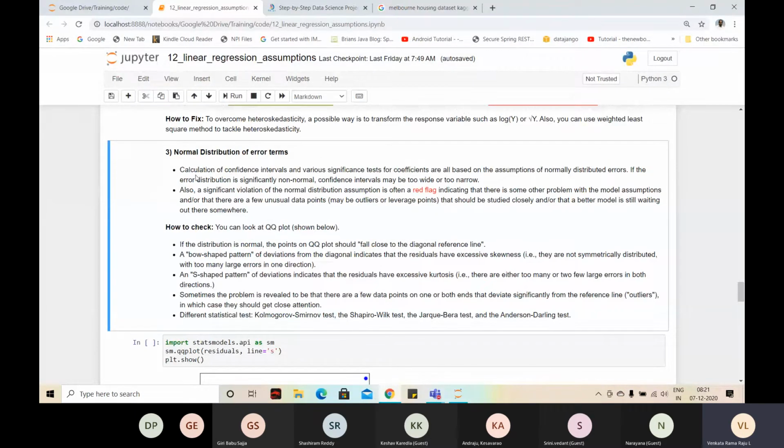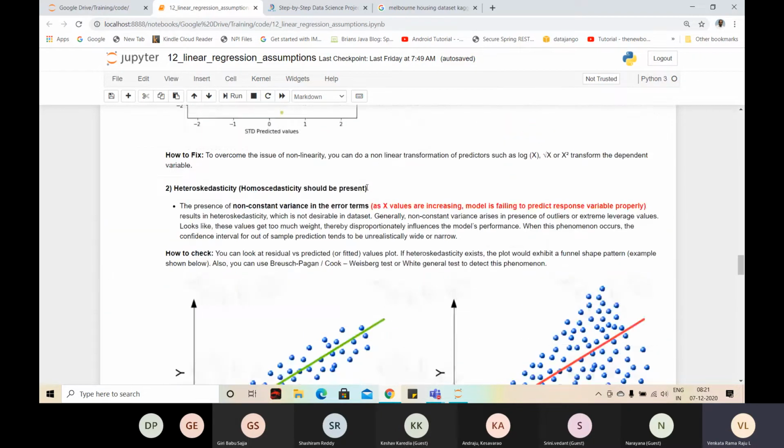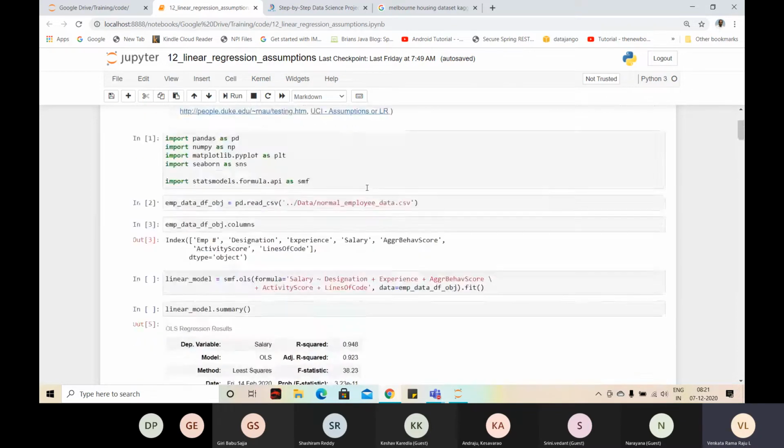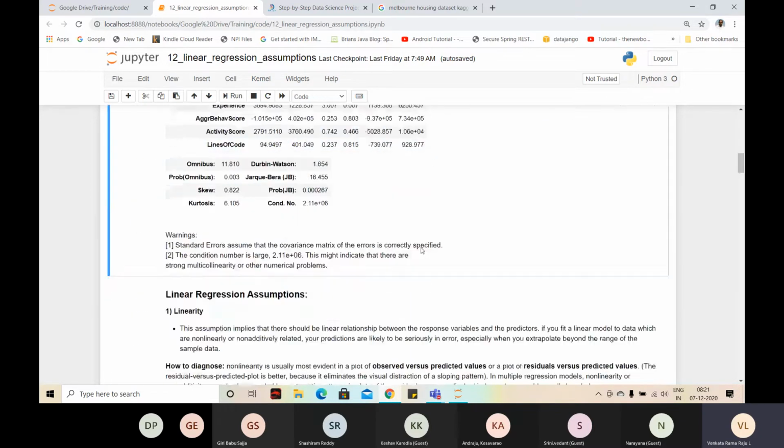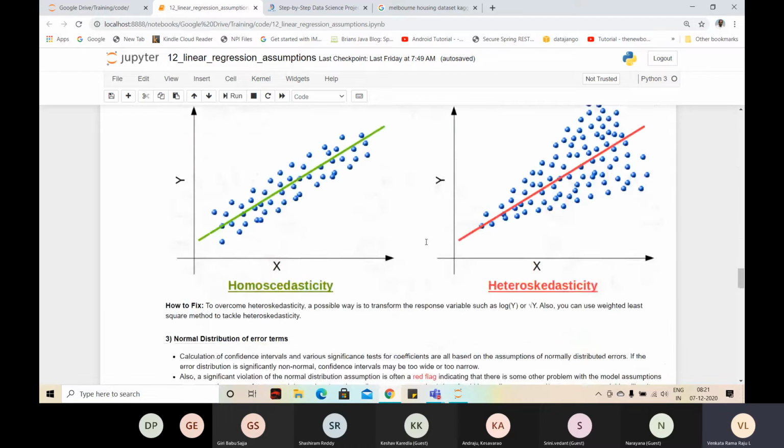Calculation of confidence interval and various significance tests for coefficients are all based on the assumption of normal distribution. The coefficients' confidence interval we have seen. If the error term is normally distributed, you can take them for granted.